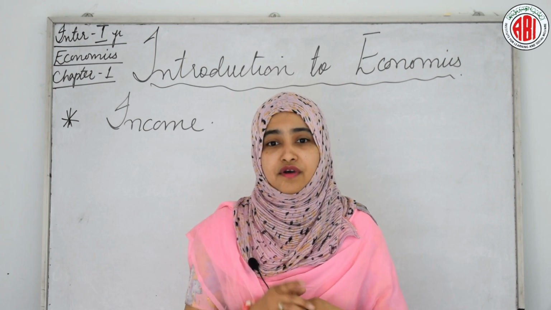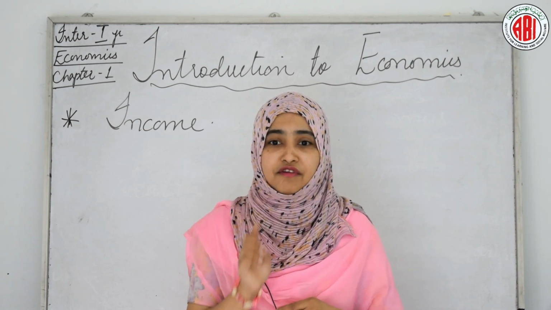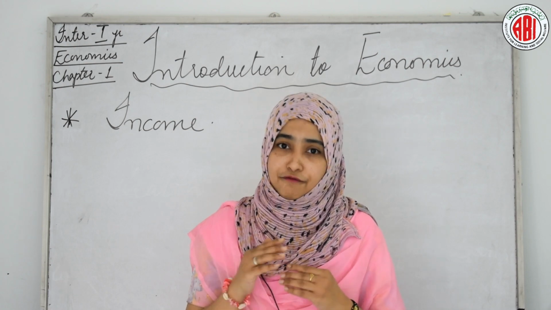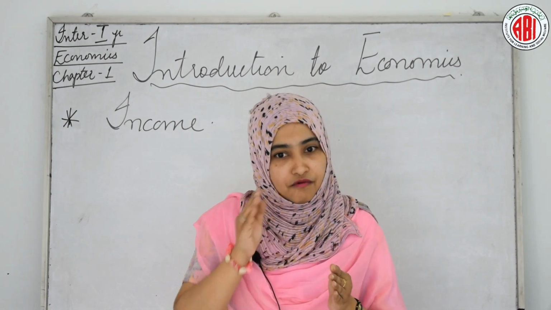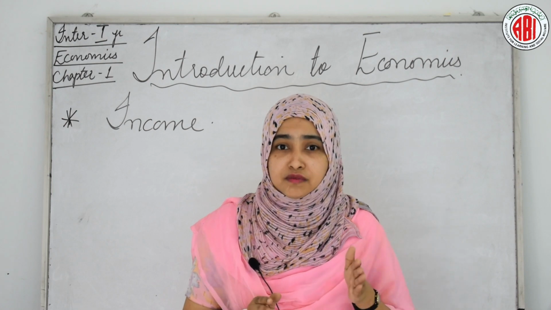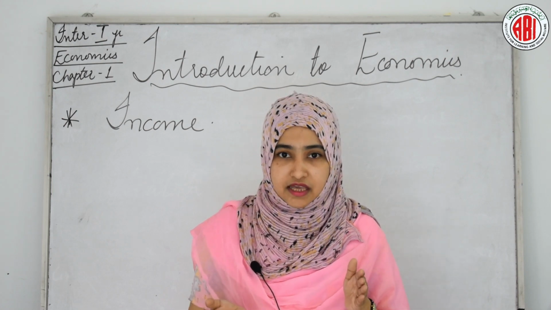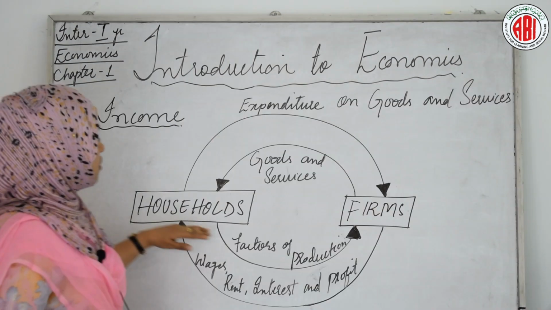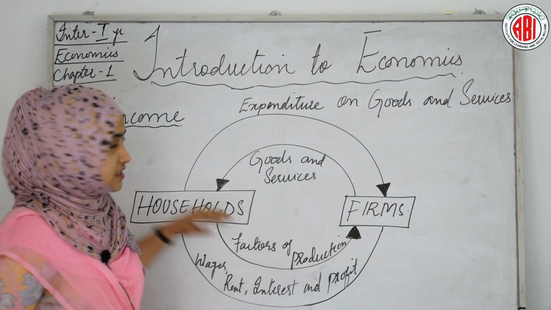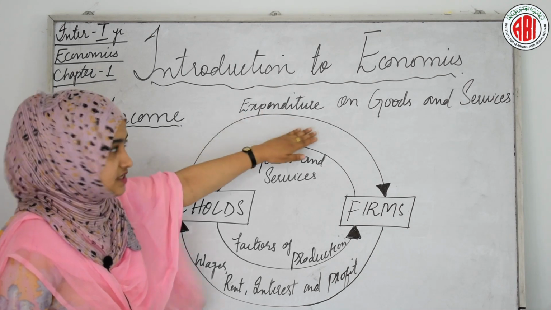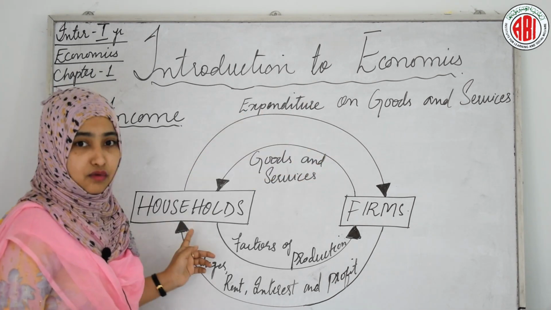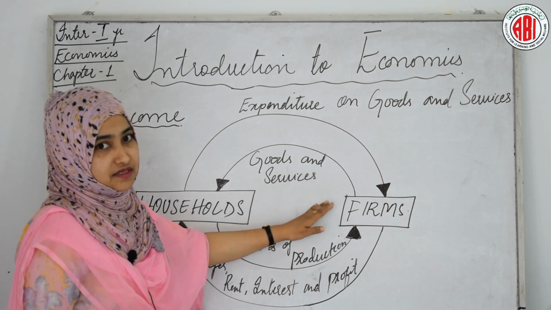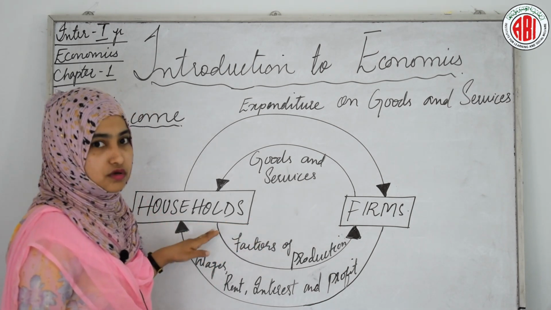The process of circular flow of income helps us understand that income flows from households to firms and from firms to households. Here, expenditure on goods and services goes from households to firms, but goods and services go from firms to households.